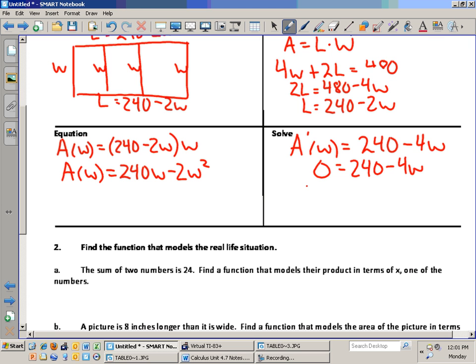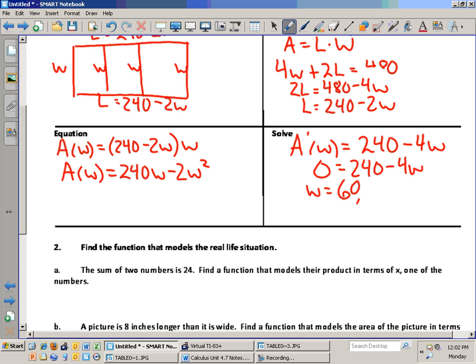W is equal to 60. How would I find my length? Plug that back in to find my length right here. If you plug it back into your original function, that will give you your area. We don't want area. We want the length. Okay, so I plug it back in. Oh, 60, I'm sorry.